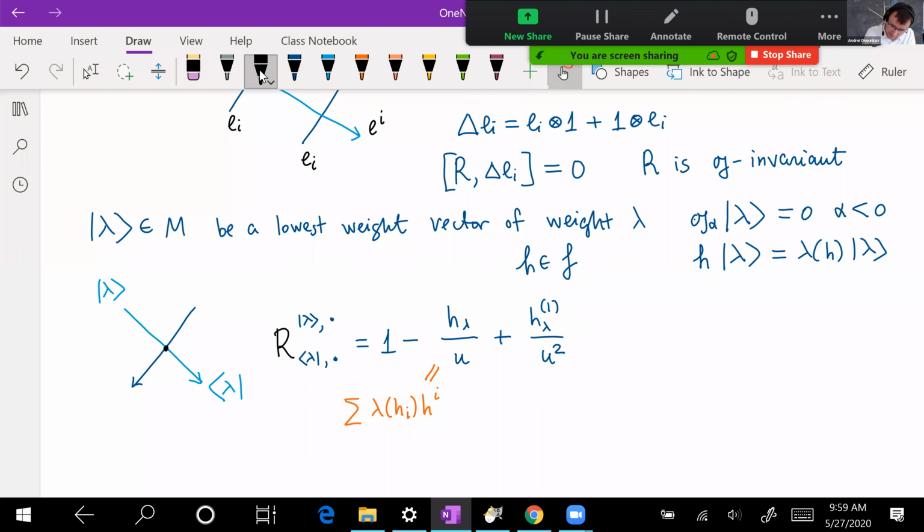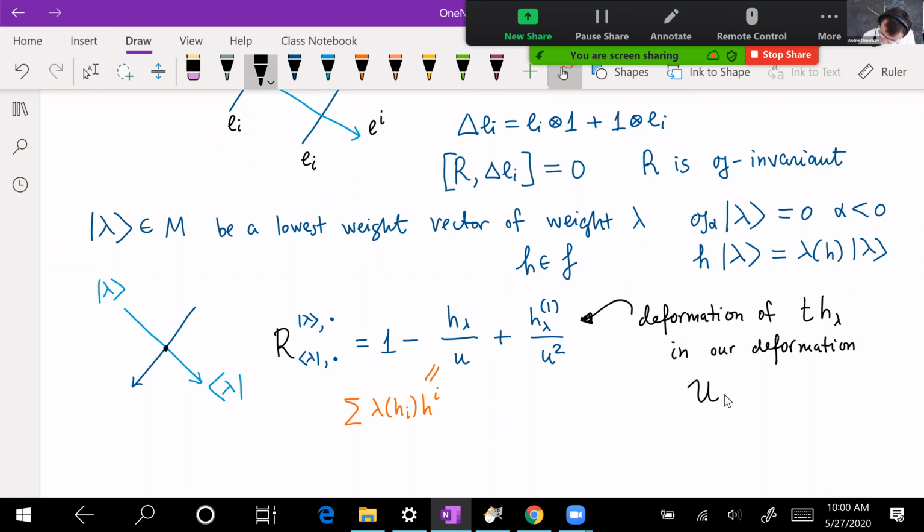So this is a deformation of T times H lambda, because we're deforming the algebra.